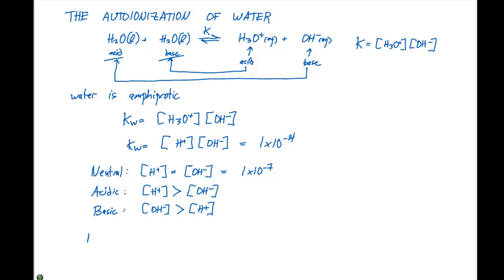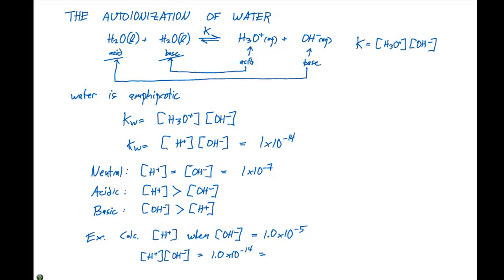For an example of this, we're asked to calculate the concentration of H+ when the concentration of OH- is equal to 1.0 times 10 to the minus 5. Remember that the concentration of H+ times the concentration of OH- is equal to 1.0 times 10 to the minus 14. This equals the concentration of H+ times 1.0 times 10 to the minus 5, which was given for our OH-.